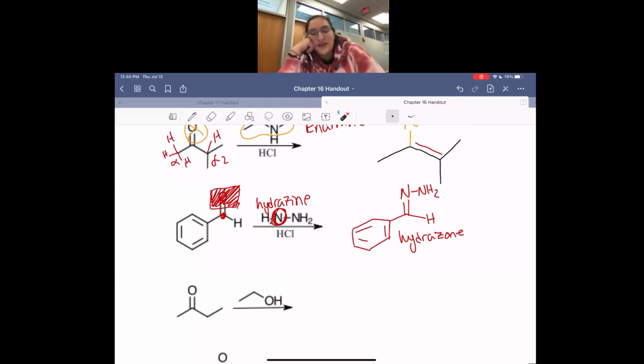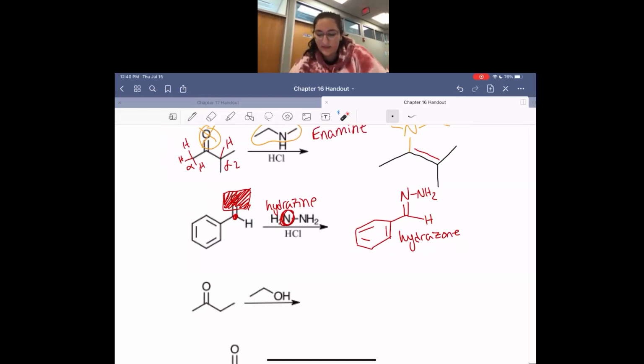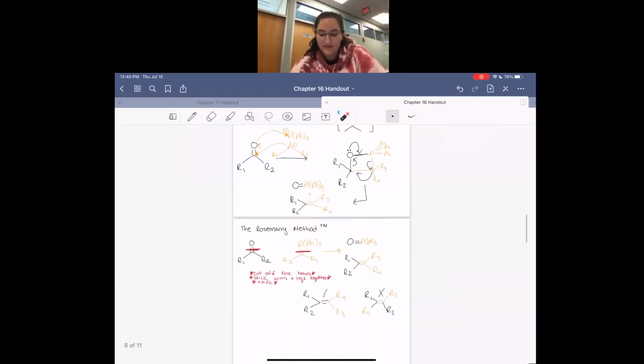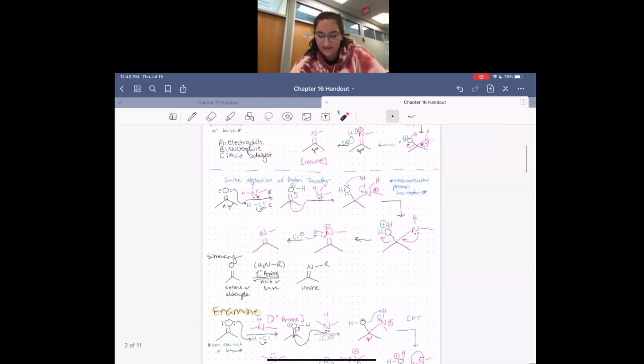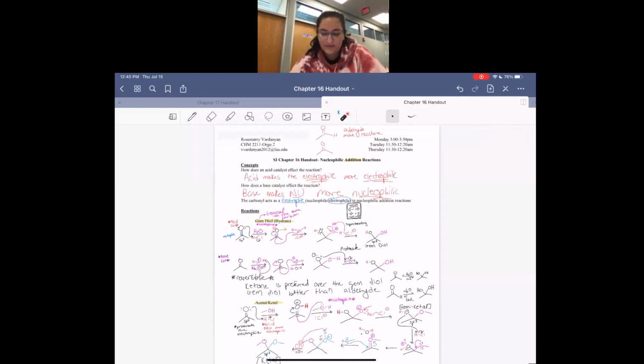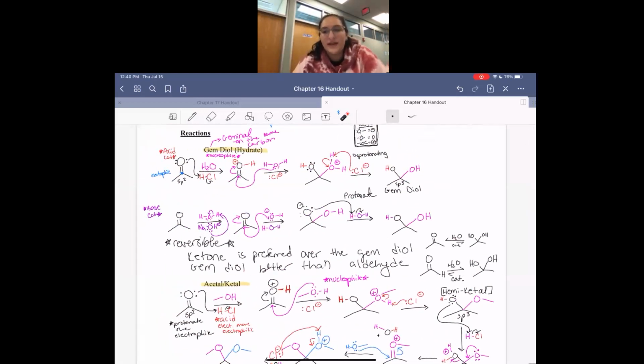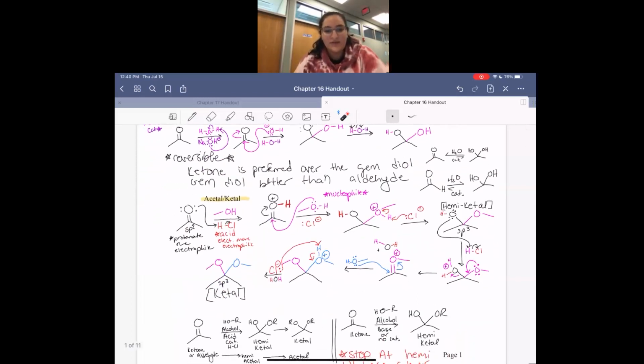And yes, so the ones that are going to keep the double bond, let's actually go through it so you can see it and you're not just writing in blank space. So the gemdiol reaction lost the double bond at the end. The acetal ketol reaction also lost the double bond at the end.